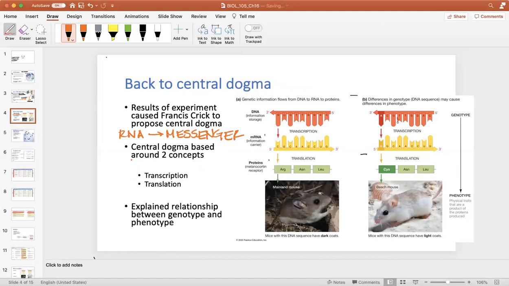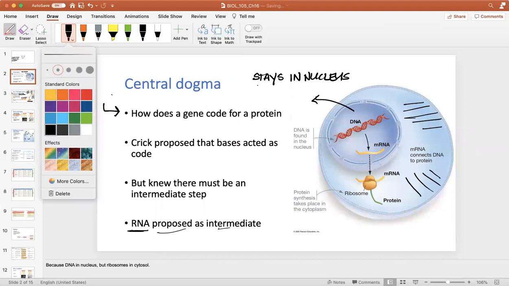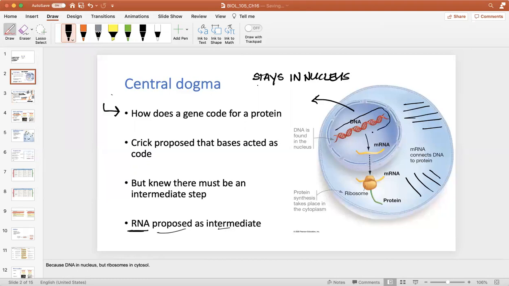So the central dogma is based around two concepts, transcription and translation. Let me go back up to our picture up here. What the central dogma says is that the DNA hereditary message in the nucleus is copied into RNA, and this is a process known as transcription.